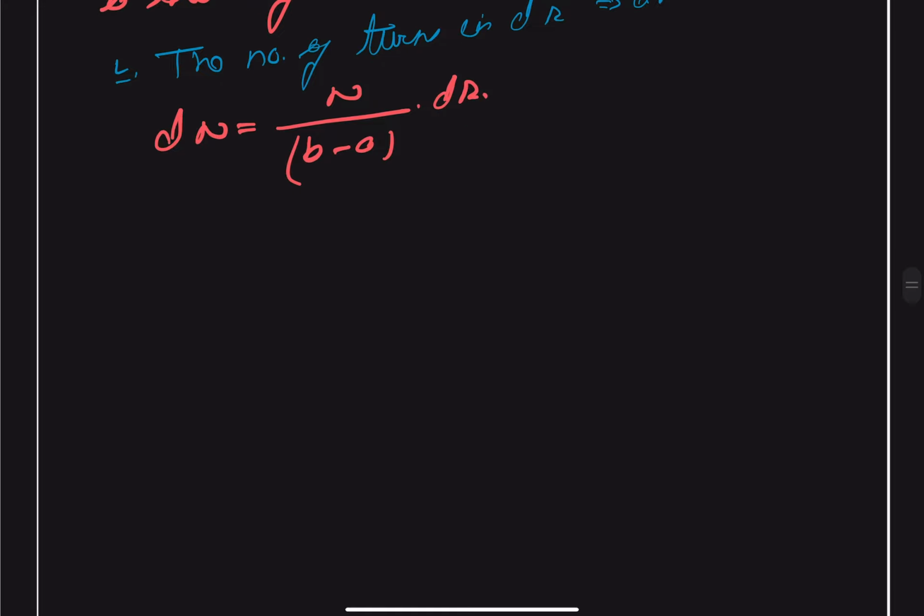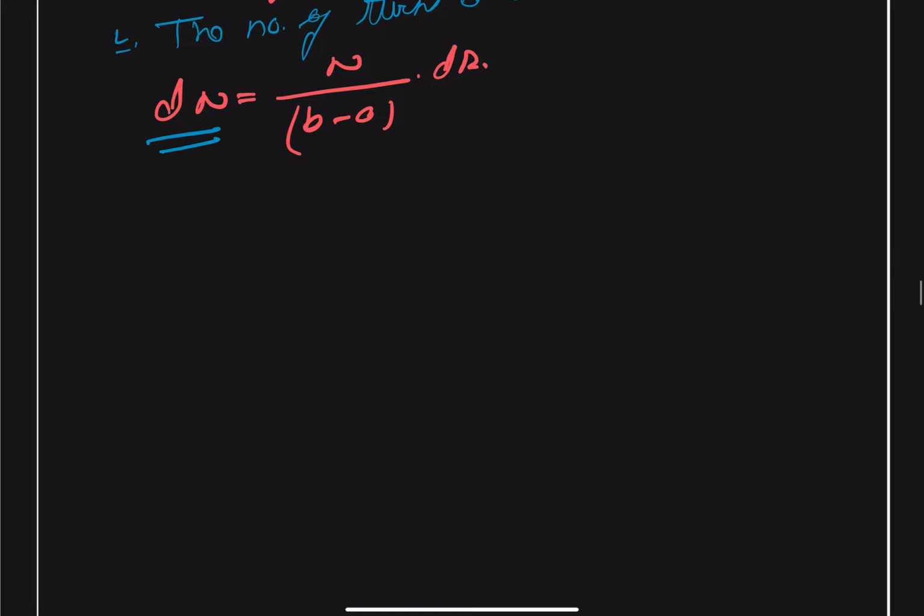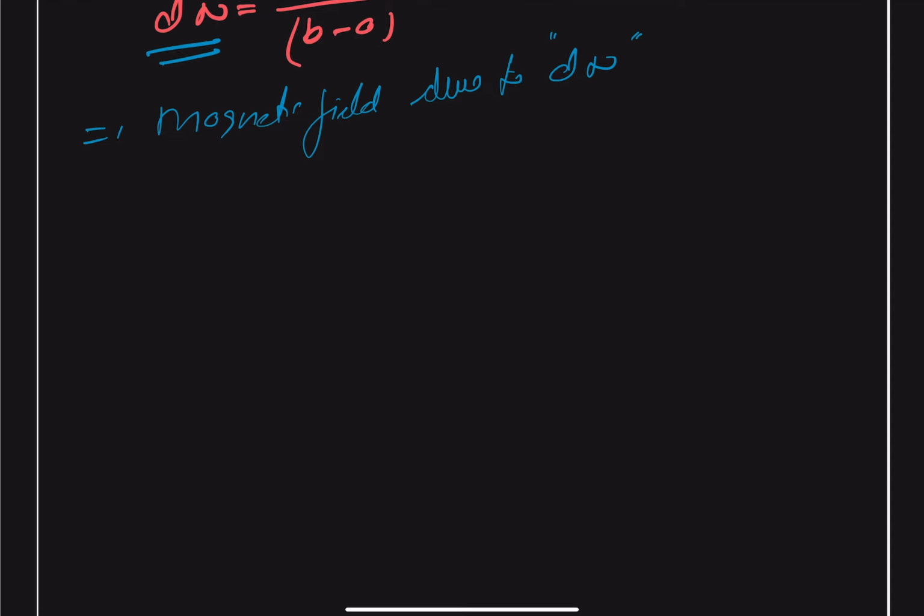And the contribution of these number of turns, so we can say therefore the magnetic field due to the small number of turns, we can write this as dBz will be equal to mu naught I upon 2r multiplied by dn.